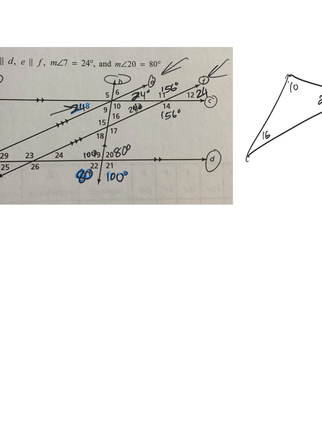Wait, say it again. Start over. Angle 20 would be the same as angle 6 and... Which angle is the same as angle 6? Angle 20, which is 80 degrees, minus 24, so you get angle 6. Your vertical angles, corresponding. Keep going. Do all the easiest ones first.